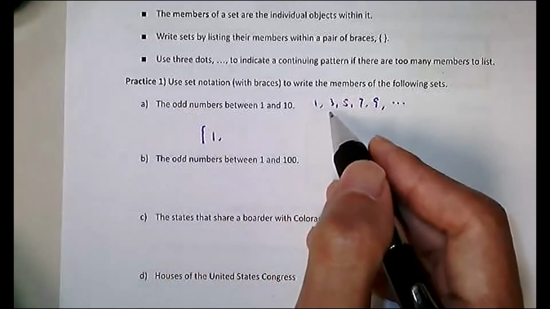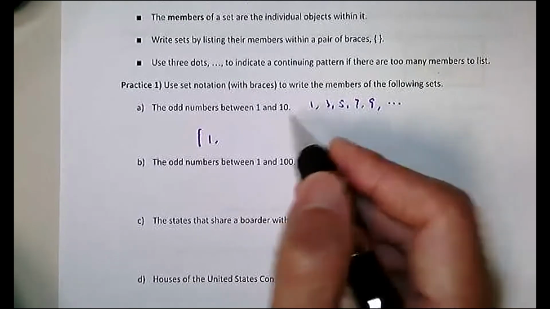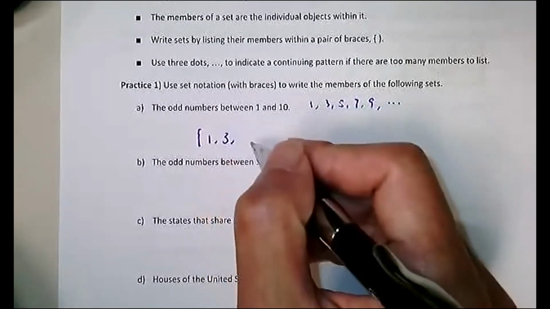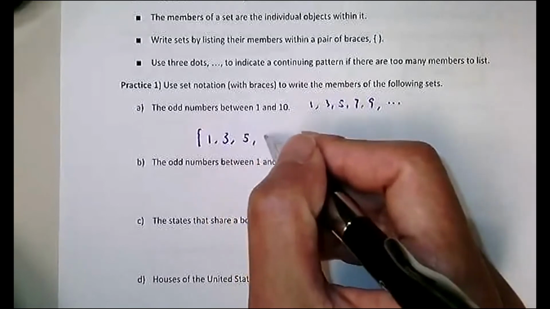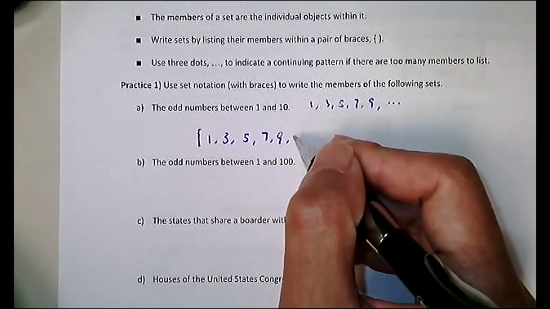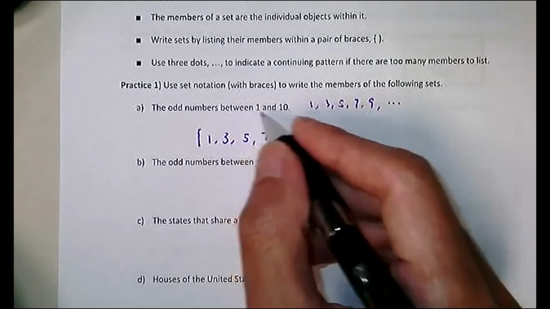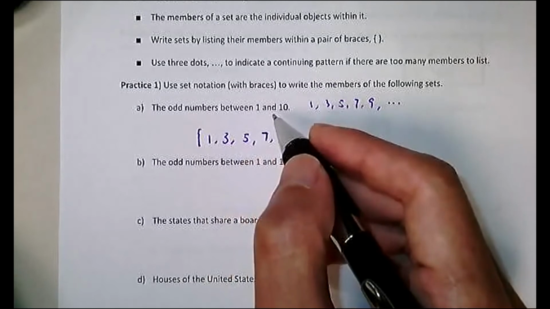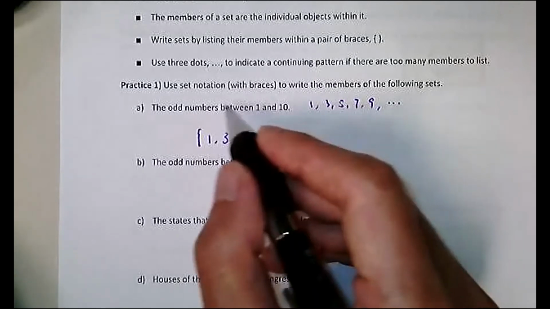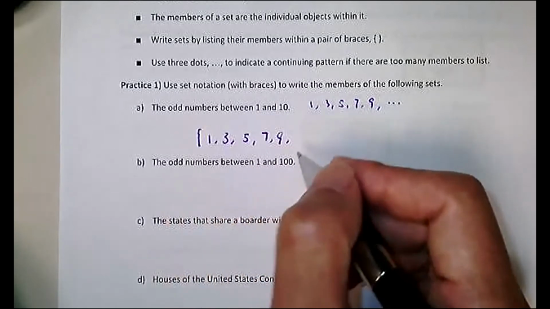The second member is 3. And we can continue to write 5, 7, 9. However, we cannot write 11 because 11 is not between 1 and 10, so it does not satisfy the requirement.